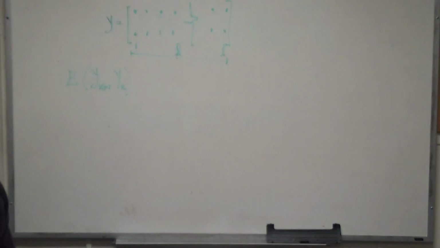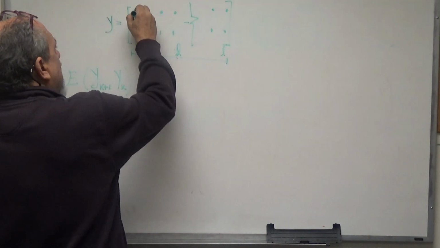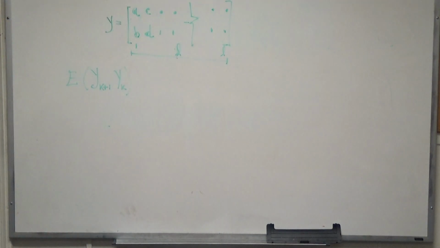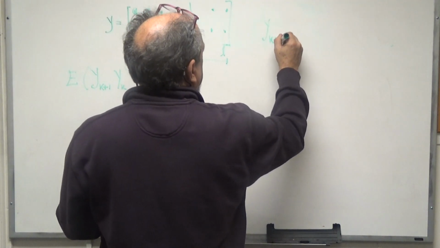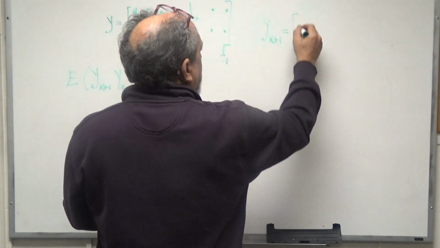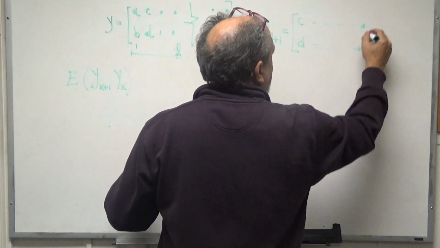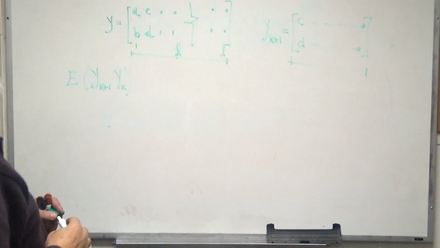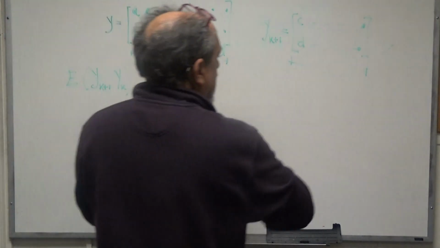So y at k plus 1, let me call this A, B, C, D, because that's all I need for these purposes, starting from the beginning, would be the matrix starting in C and D, and then it goes all the way to L. So this now has how many points? Since you took the first column off, that has L minus 1 in them, right?